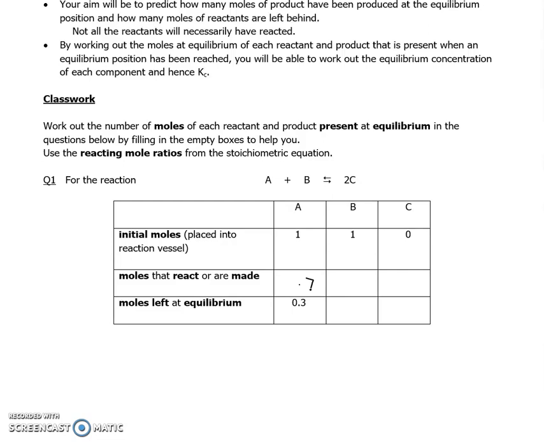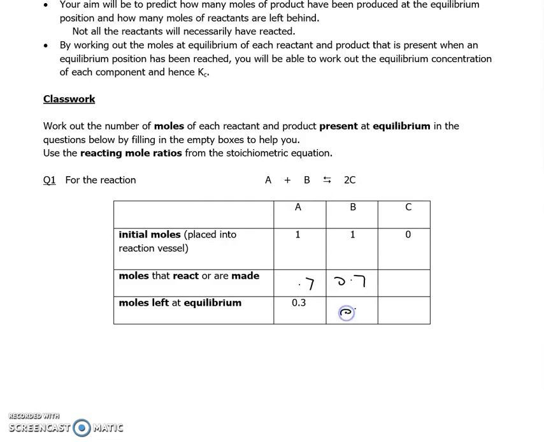Because you start with the same number of moles of A and B and they react in a 1-to-1 ratio, 0.7 moles of B will also have been reacted.